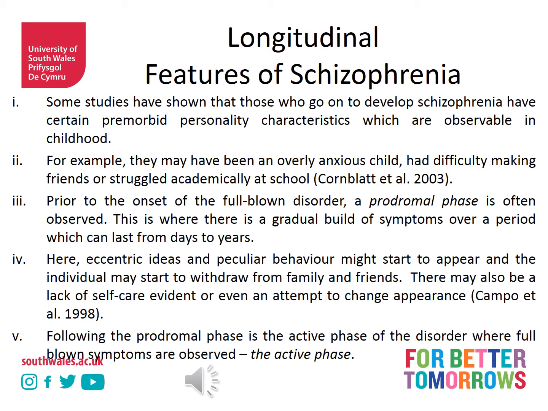Now, prior to the onset of the full-blown disorder, something called a prodromal phase is often observed, and this is where there's a gradual build-up of symptoms over a period of time. For example, eccentric ideas and peculiar behaviours might start to appear, and the individual may withdraw from family and friend contact.